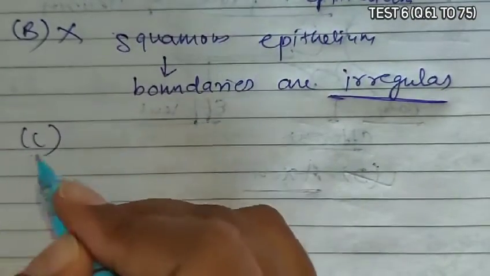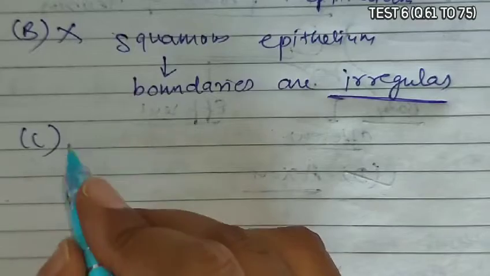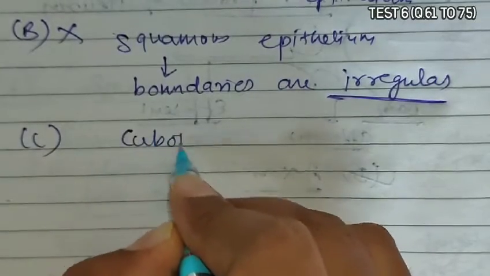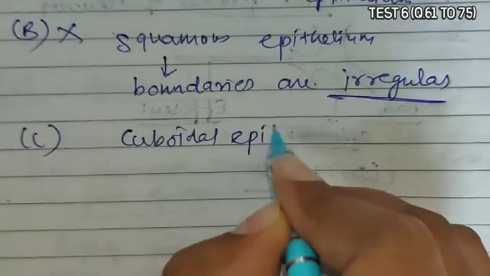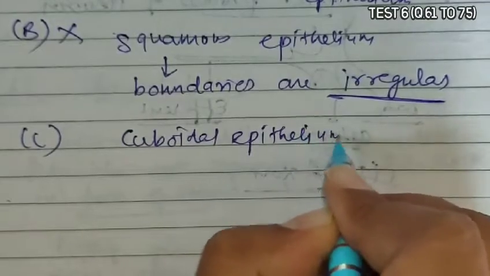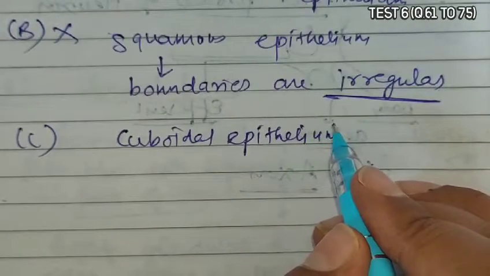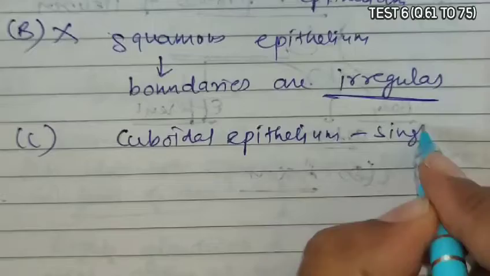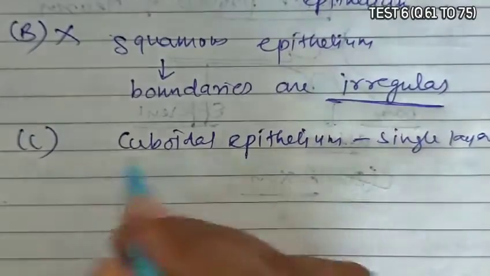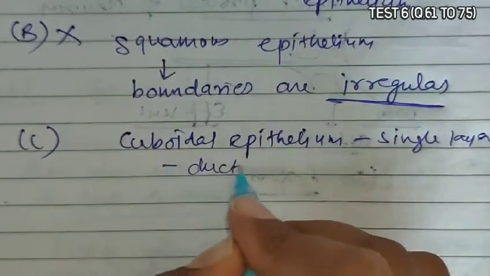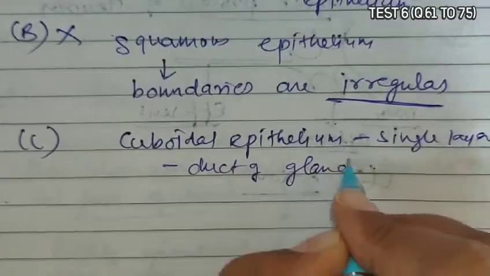Statement C says cuboidal epithelium cells are arranged in a single layer and found in ducts of glands, which is absolutely correct.